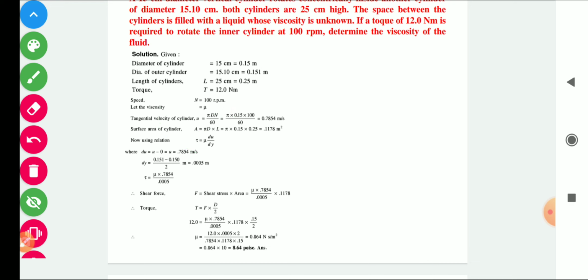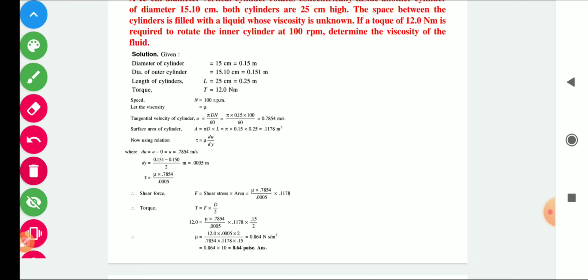So if we put these values, the final tangential velocity of the cylinder will be equal to 0.7854 meter per second. Now the surface area of the cylinder is A equal to pi d into L. The diameter is known, the length of the cylinder is also known. So with the help of this we can calculate the surface area, and its value is equal to 0.1178 meter square.